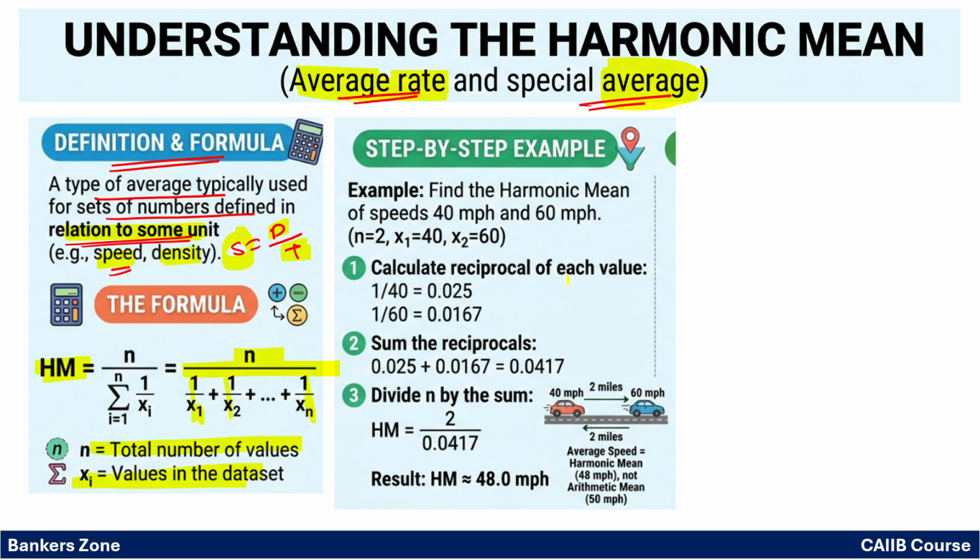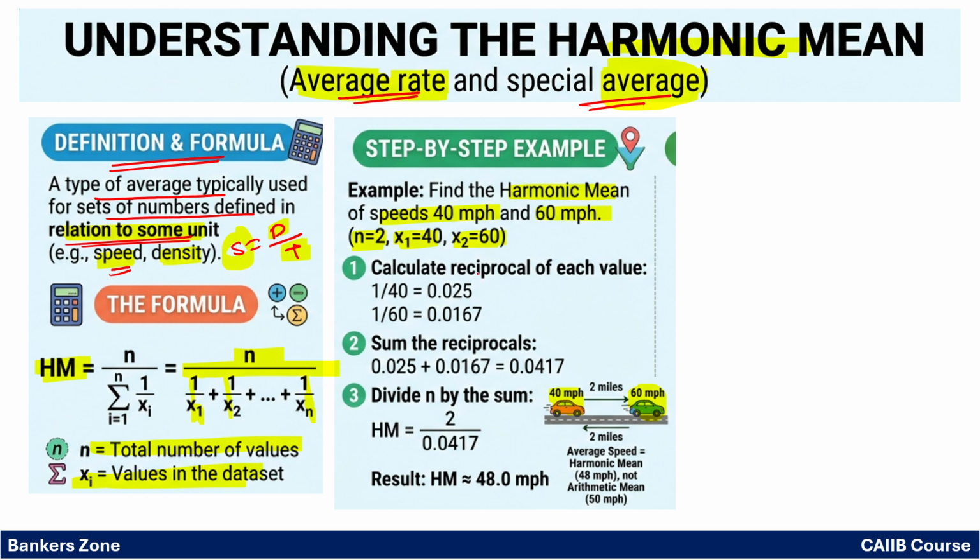For example, say one car is moving at 40 km per hour and the second is moving at 60 km per hour. In that case, find the average speed of both cars. How to find it, right? Speed is the ratio of two quantities, so we have to use the harmonic mean formula. So x1 will be 40, x2 will be 60, and n will be 2 because two values are there.